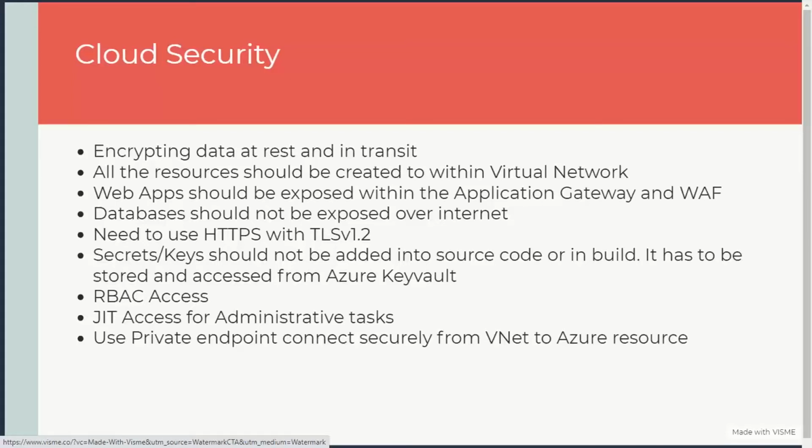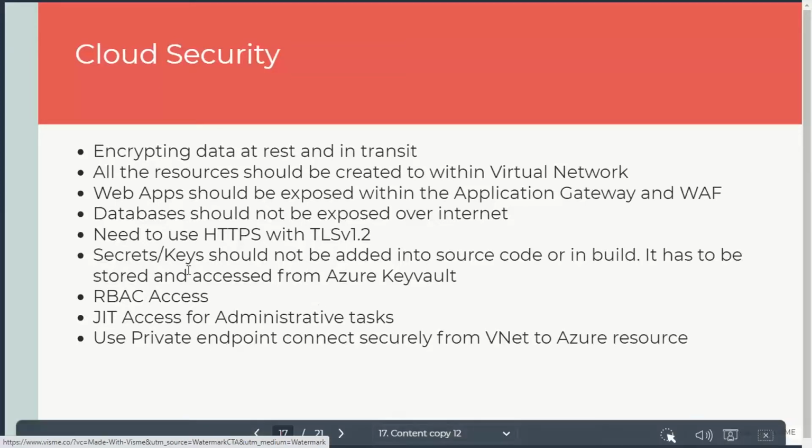Earlier we used those things, but from the security point of view, we have to store all the secrets and keys in the Azure Key Vault, and from there only your application has to pull the secrets. Even if someone steals the information, you can just update the keys or the password there, so that it will be immediately updated in all the places.